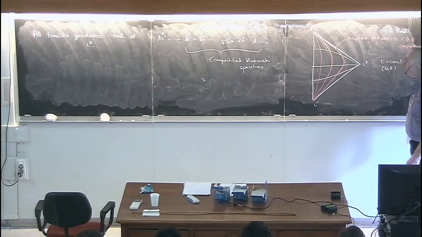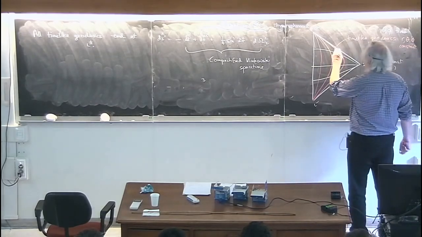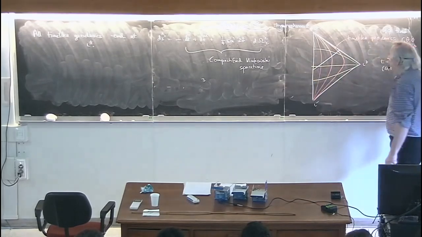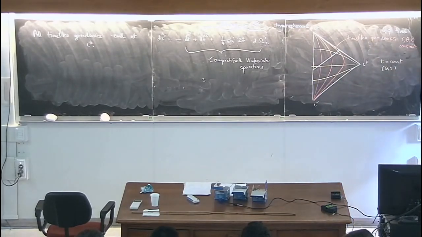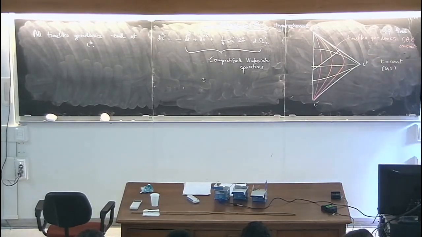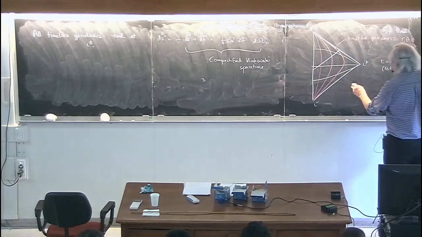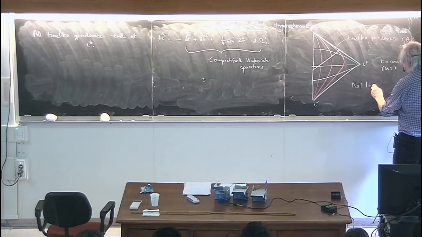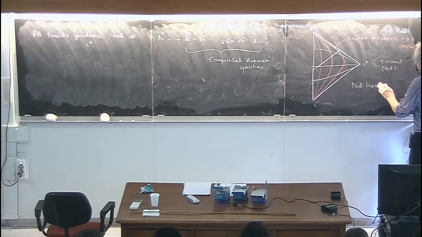Null geodesics in this picture correspond to lines which look something like this. There'll be straight lines. They've been designed to lie at 45 degrees to the vertical or horizontal. Actually, null geodesics do this.